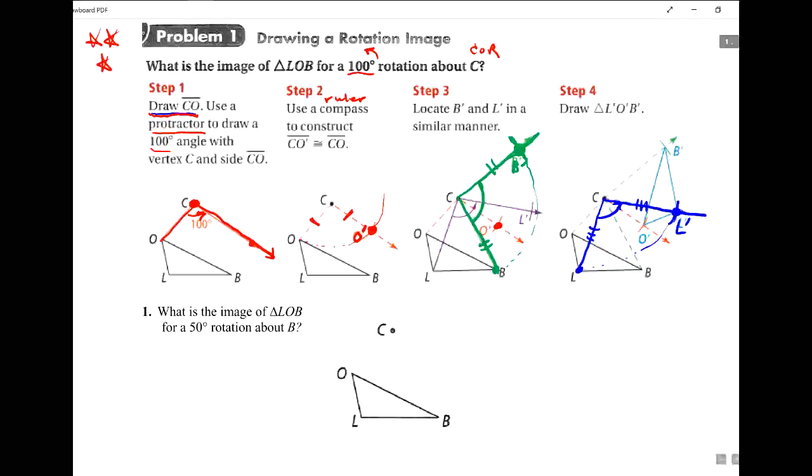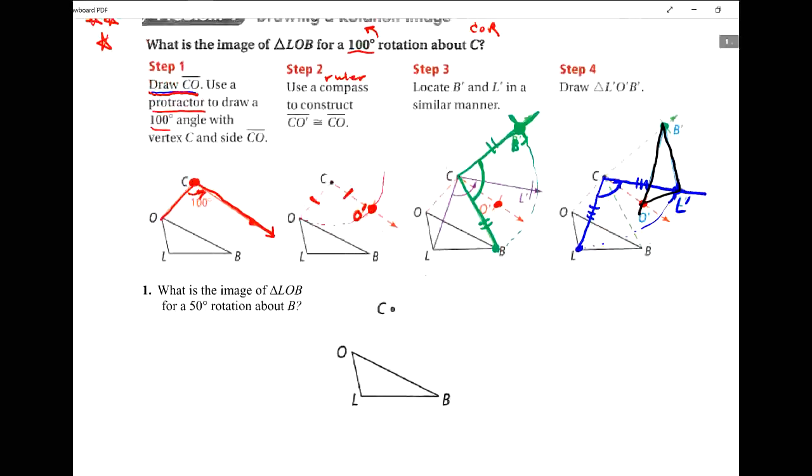Okay, so we now have O prime, L prime, and B prime. And then we simply connect L prime, O prime, B prime, and we have our new triangle. And it is rotated 100 degrees counterclockwise about our center of rotation. So go ahead, pause the video, and do the next problem.